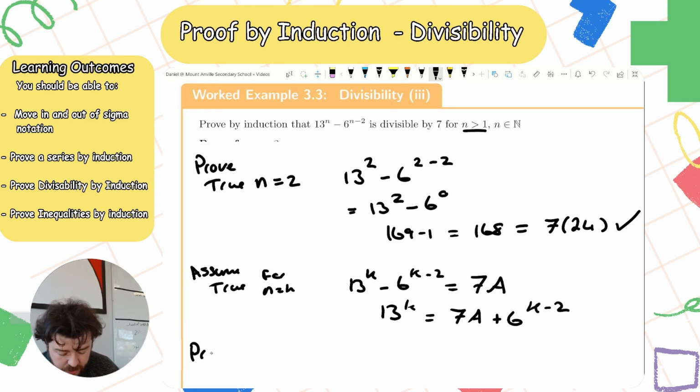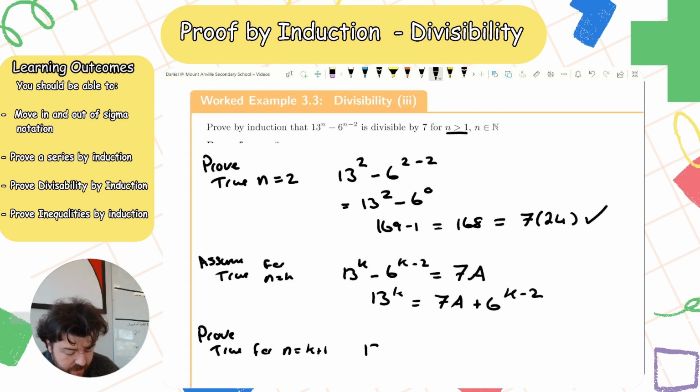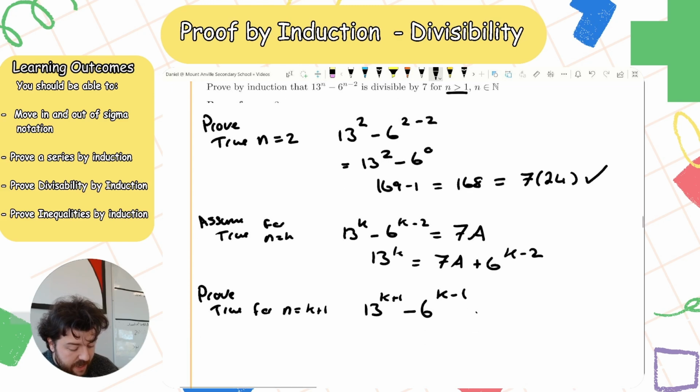And now I need to prove true for n equals k plus 1. And that is going to be 13 to the k plus 1 minus 6 to the k plus 1 minus 2, which is going to be k minus 1. And now I need to show that this is divisible by 7.